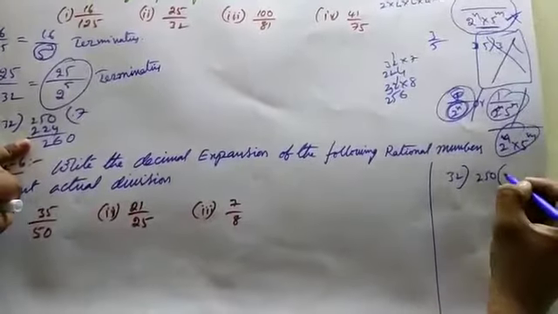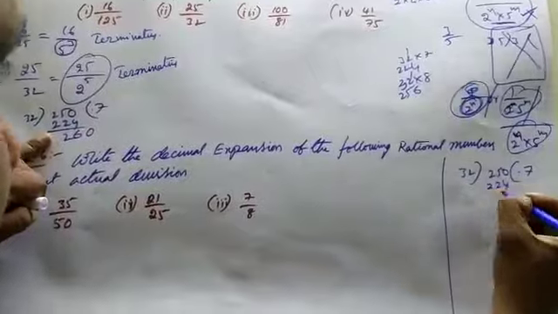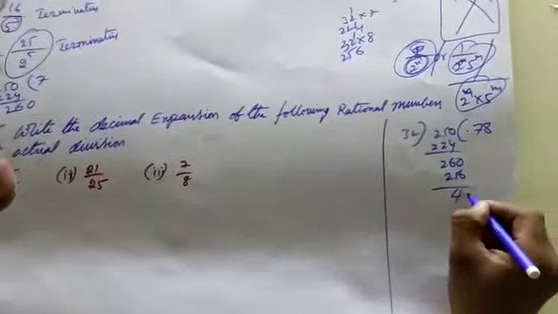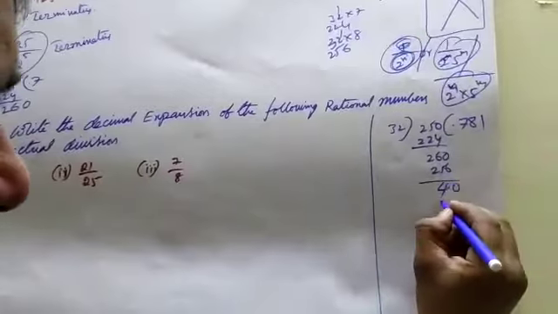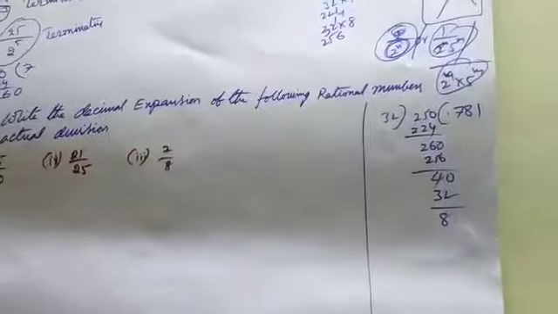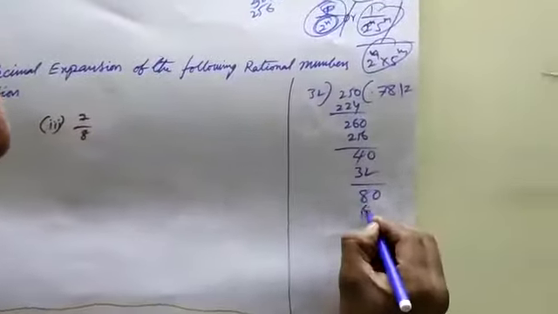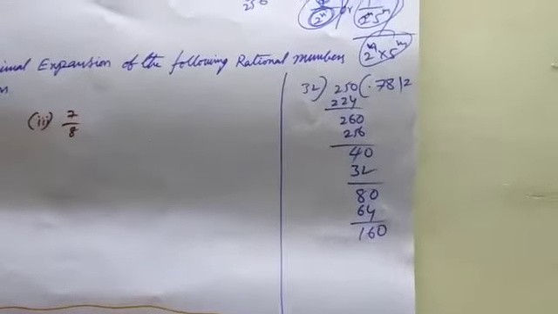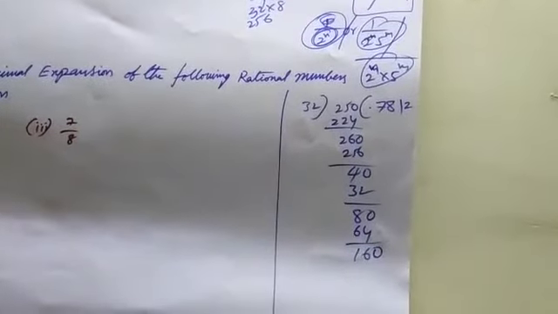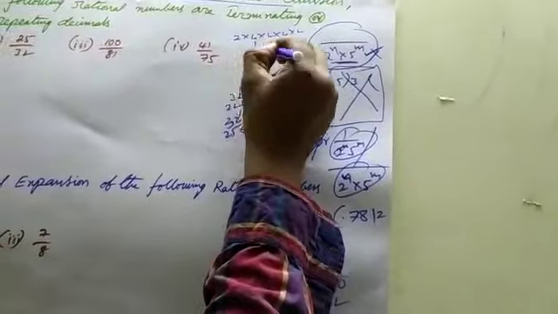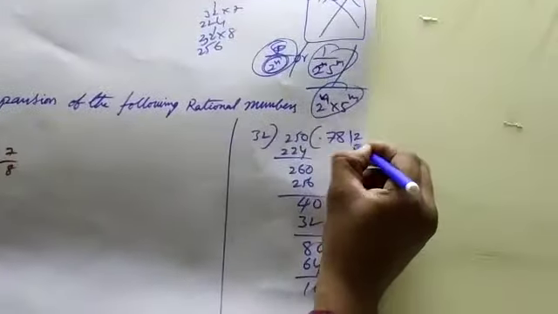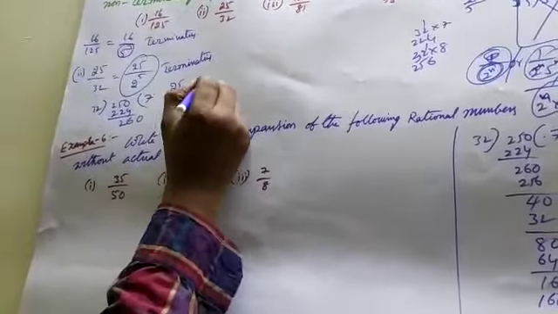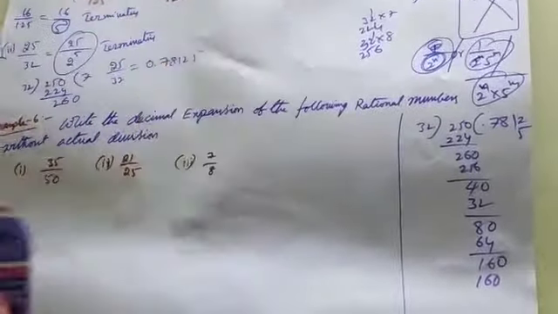Continuing the division with the remainders, until 32 fives are 160 and the remainder becomes 0. So 25 by 32 is equal to 0.78125.